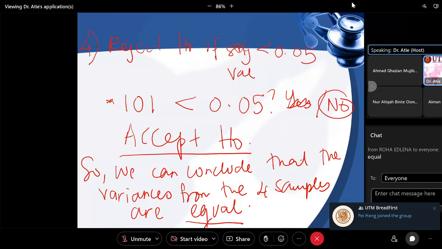So in our case, because they have equal variance, we can proceed to ANOVA. It's fair to compare them because they have equal variances. I stop here for 2 minutes before we proceed to ANOVA test.